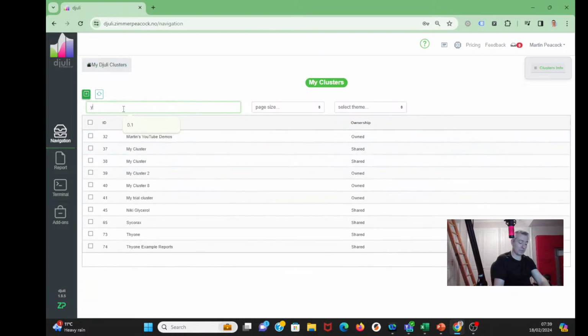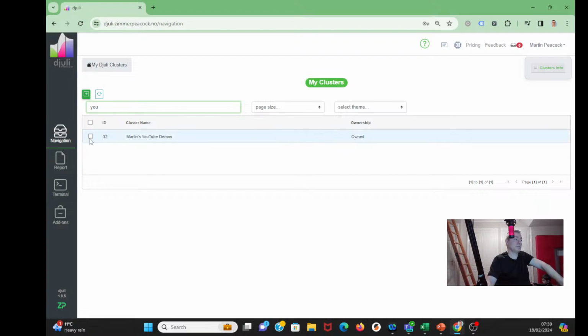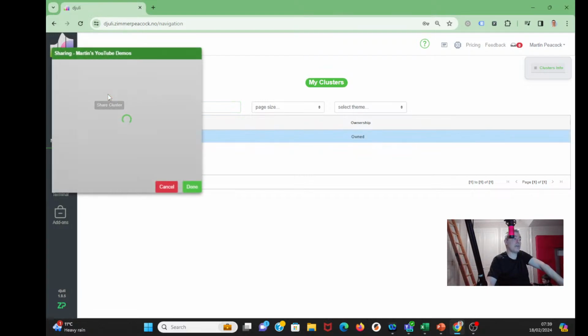So I'm going to find what I call a cluster, which is here. I can share it with them. So they need to join Julie. Julie is, you can just get a freemium account, at which point then I can add your email here. And then when I go done, it will actually invite you to get the data and see the data.